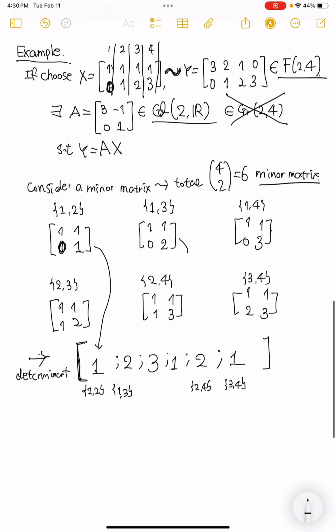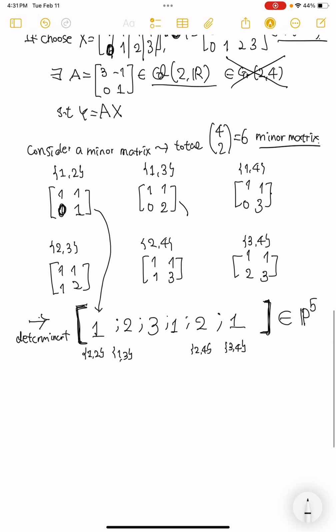In that, the bracket means that this is contained in P5, the projective real plane space.